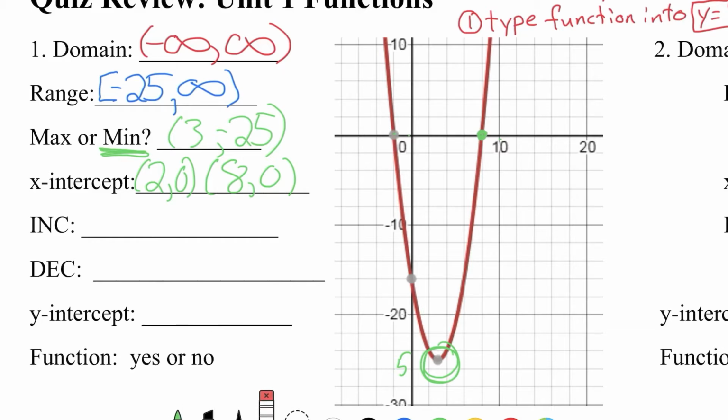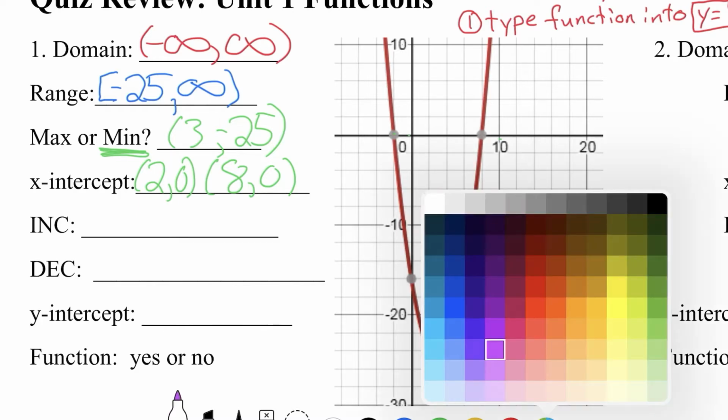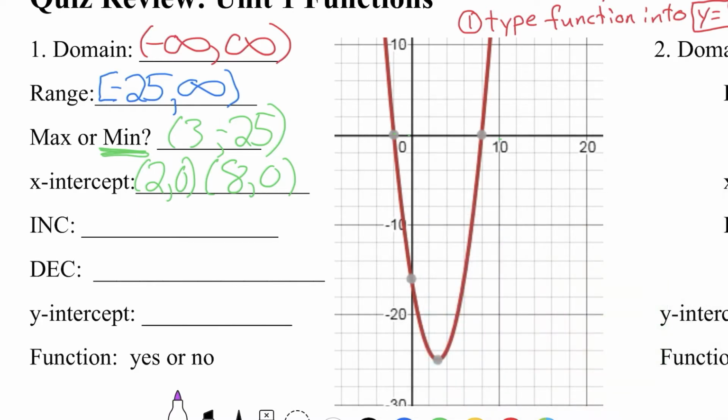So let's erase everything and look at our increase and decrease. So our increase and decrease, we're going to split the graph at our axis of symmetry or line of symmetry and determine what interval it's increasing versus decreasing.